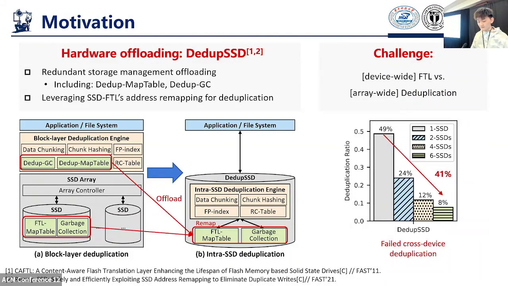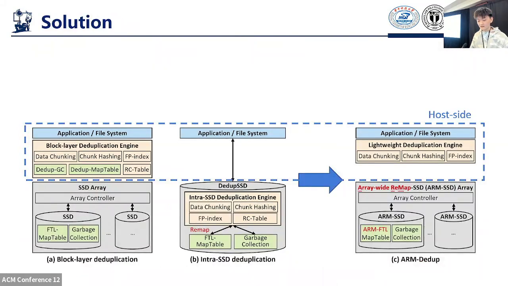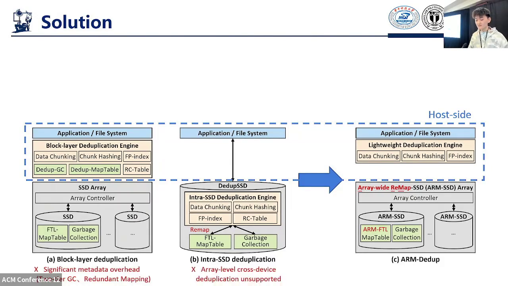In the right figure, we can see that in the scenario of an SSD array, intra-SSD DDAP loses most of the DDAP opportunities. The traditional block layer DDAP suffers significant metadata overhead due to the redundant storage management, while the intra-SSD DDAP does not support array-wide deduplication.